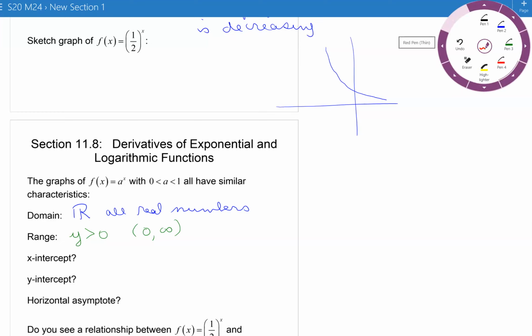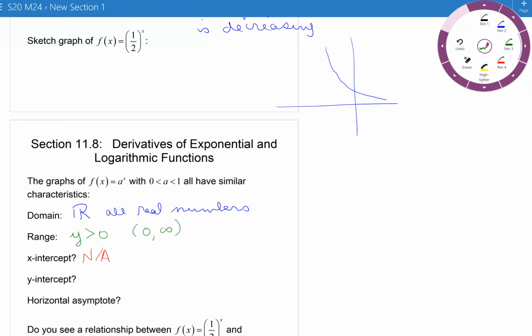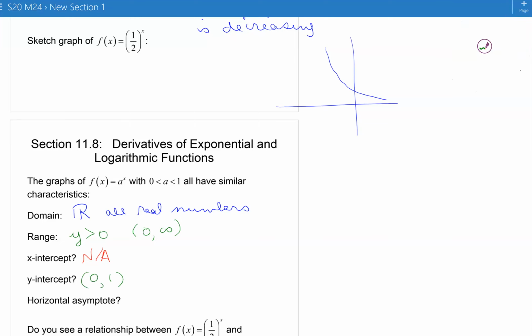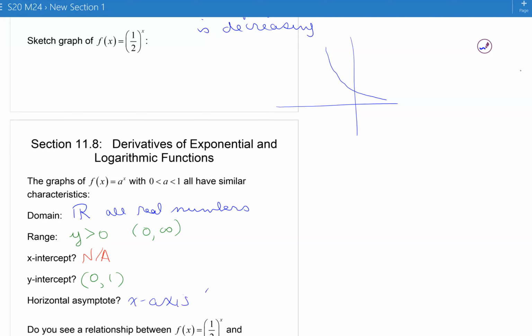You still have no x-intercept. And you still get the same y-intercept of 0, 1. So no matter what the base is, if the exponent's 0, the y value is going to be 1. And then we have the same horizontal asymptote of the x-axis, which is the line y equals 0.